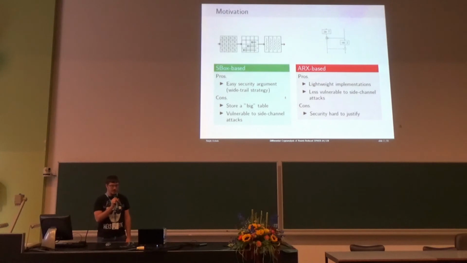For ARX-based ciphers, the good thing is they are easy to use in lightweight implementations because all their functions are directly in the processors, and it's easy to write constant-time code for this, so they are less vulnerable to side-channel attacks. For the bad things, the security is normally hard to justify because there are no provable bounds for that.